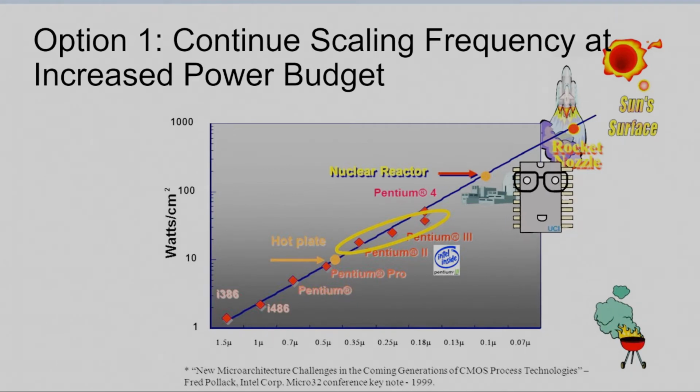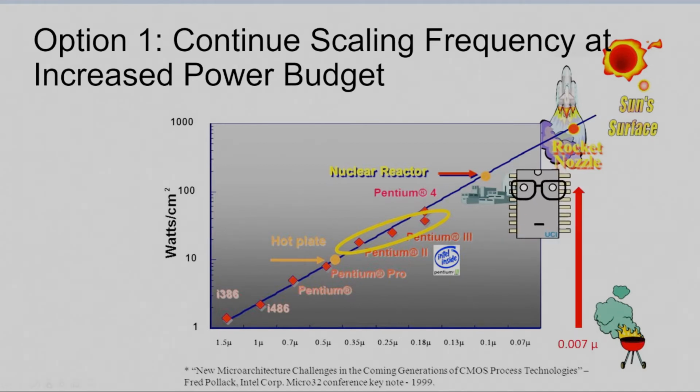We don't want this kind of thing on our desktops. And if we had continued this ad infinitum, right now we're somewhere around 7 nanometer production technology. If we had reached 7 nanometers while just continuing to scale frequency, the power density of our desktop would be somewhere around the levels of a rocket nozzle.